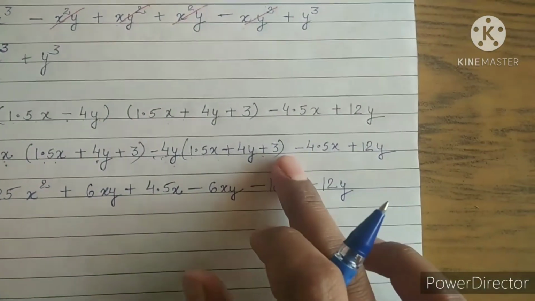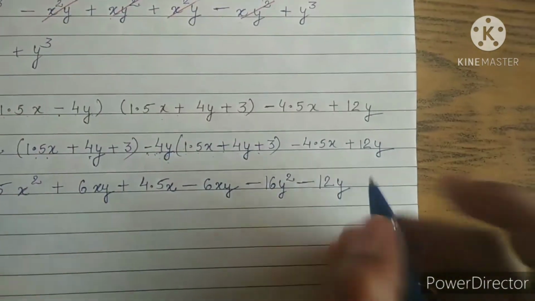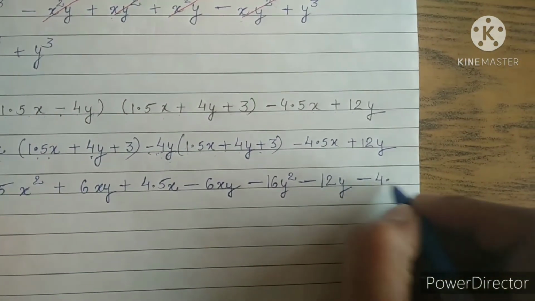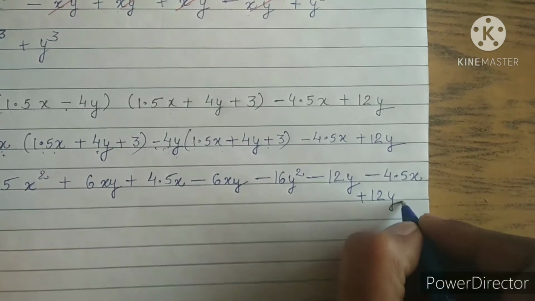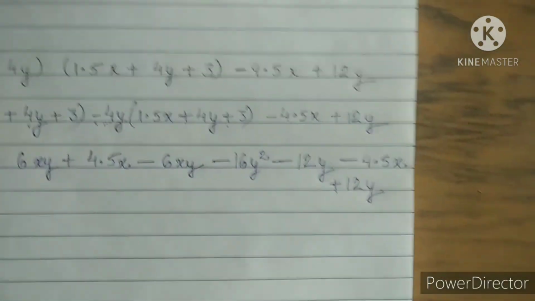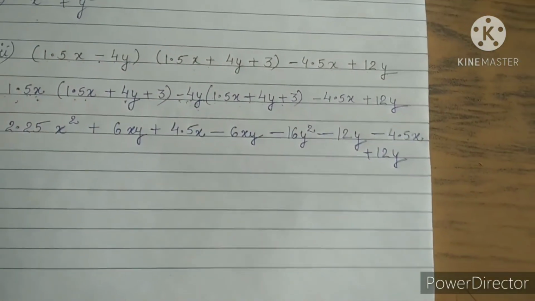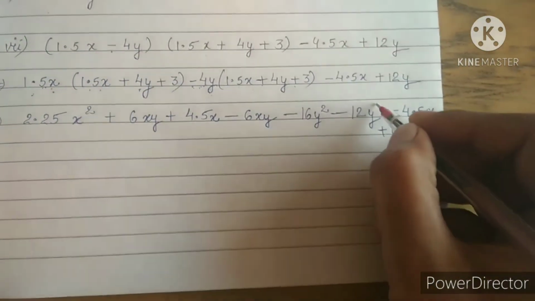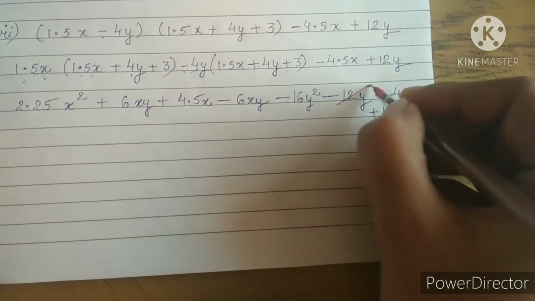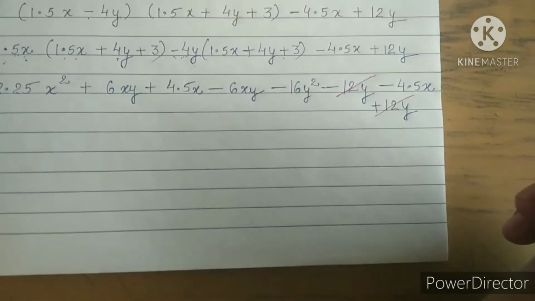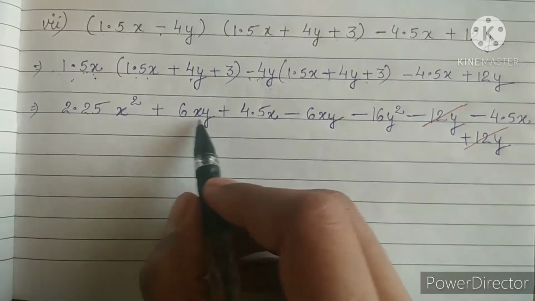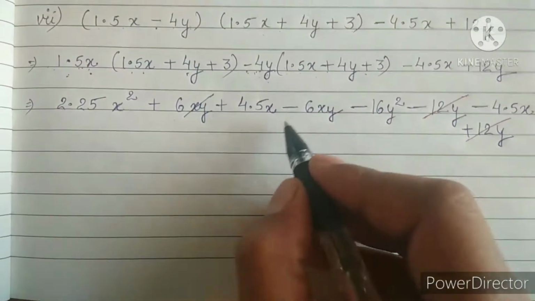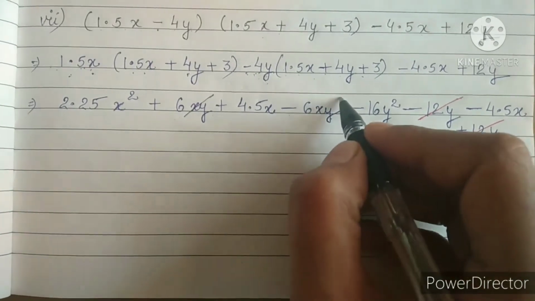Now the multiplication is over. These two remaining terms will remain the same, 4.5x plus 12y. Just nearby you can see negative 12y and positive 12y will cancel each other. Positive 6xy will cancel negative 6xy.